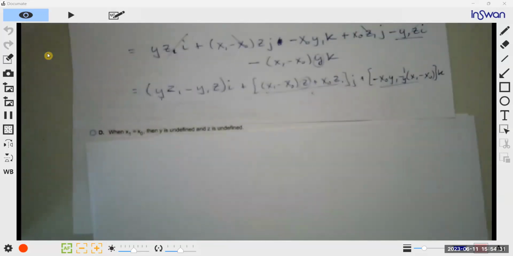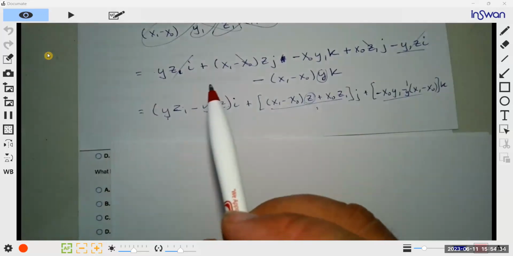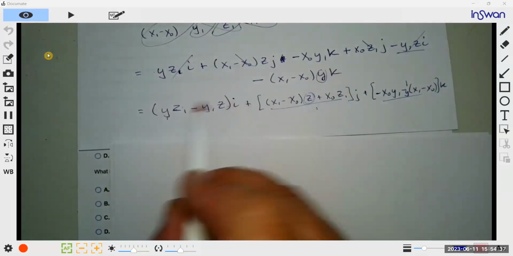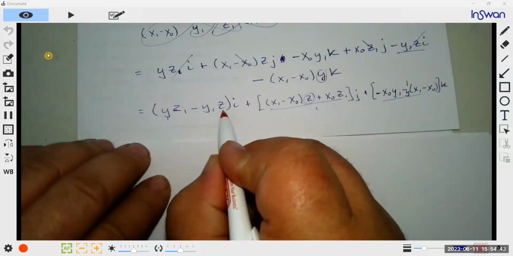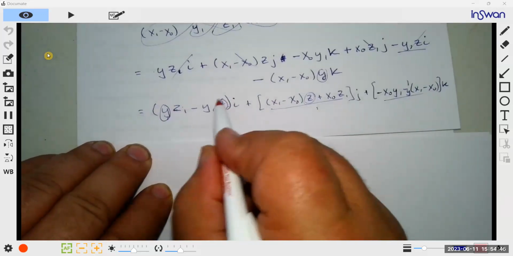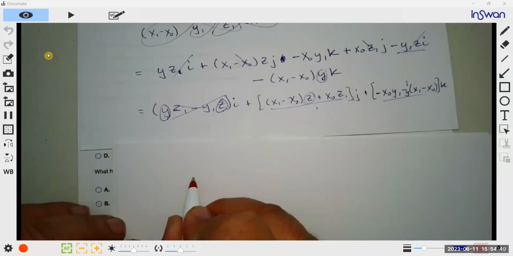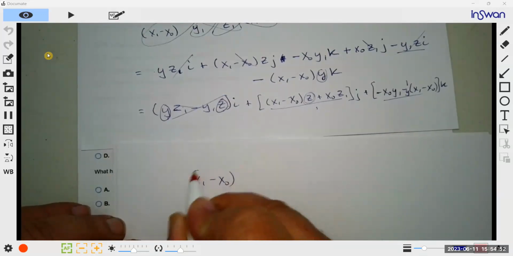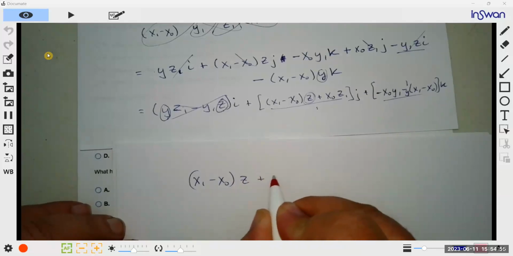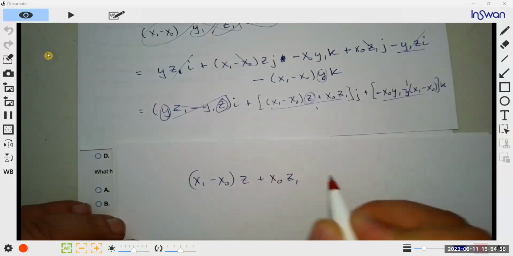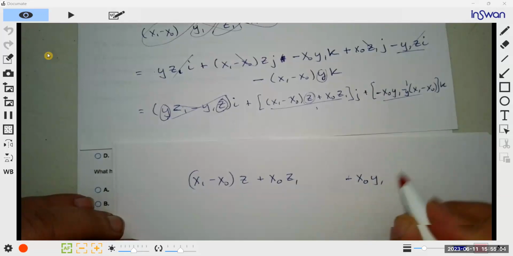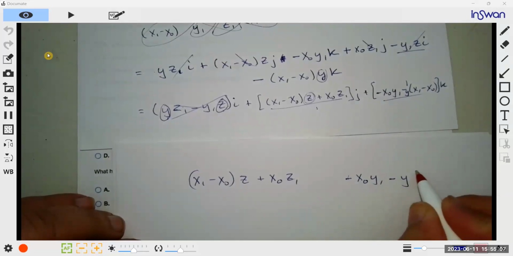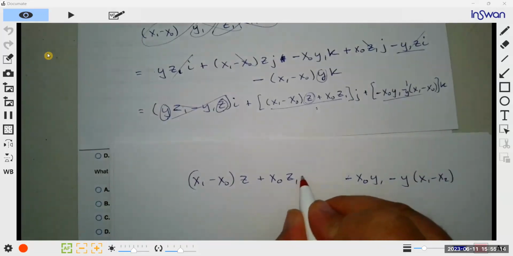So we use (x1 minus x0) z plus x0 z1, and negative x0 y1 minus (x1 minus x0) y. Set them equal to 0.